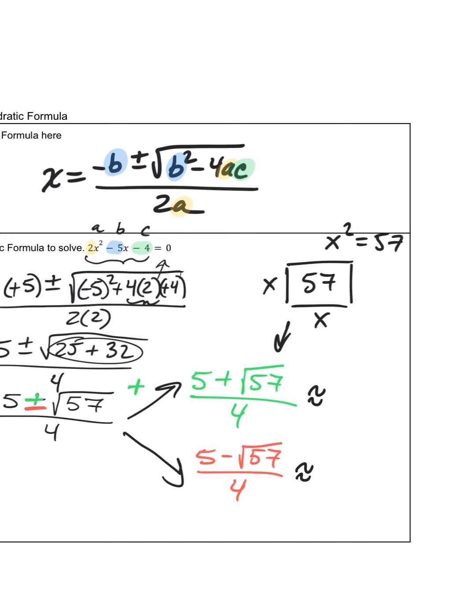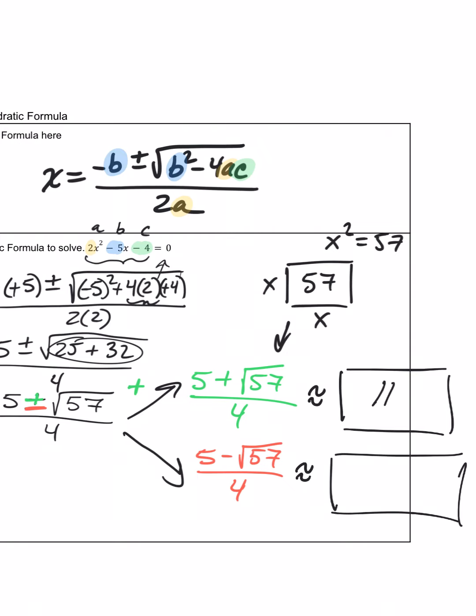It's an irrational number. The decimal goes on and on. So we want to find this on our calculator. I don't have a calculator in front of me, but you're going to enter it in, find your first solution, and find your second solution. That's how you solve.